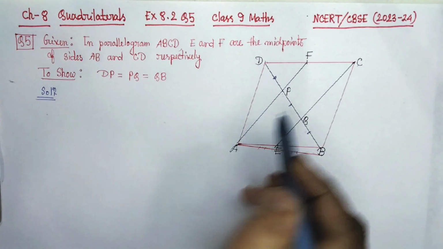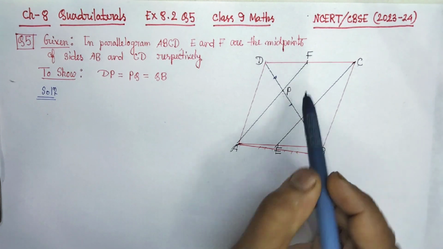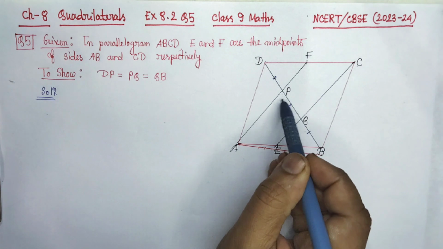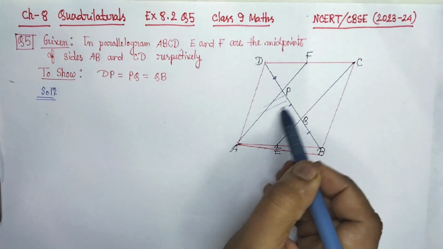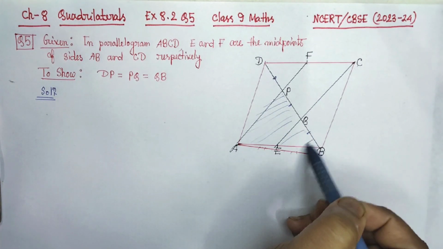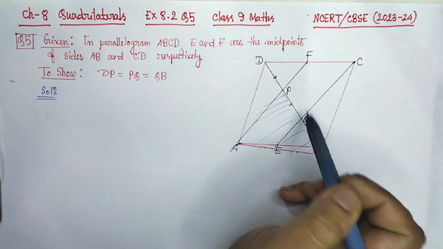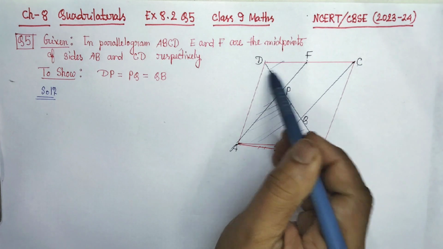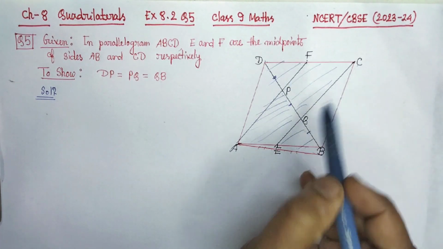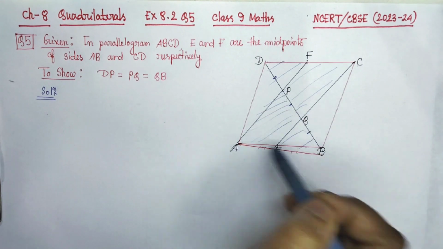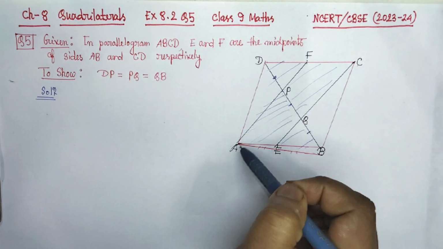Solution. To prove this, we use the converse of the midpoint theorem. So we take triangle ABP and triangle CDQ. For triangle ABP, we need parallel lines.